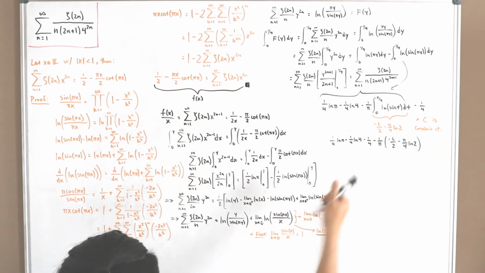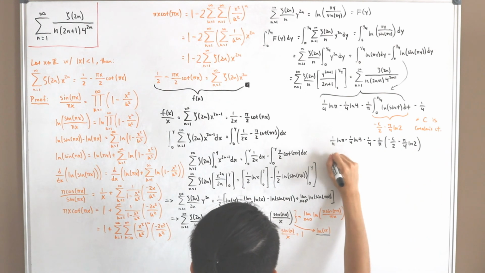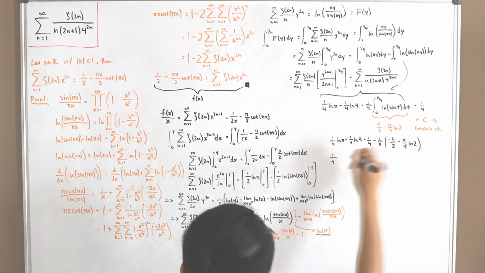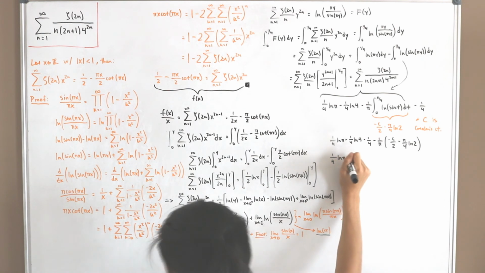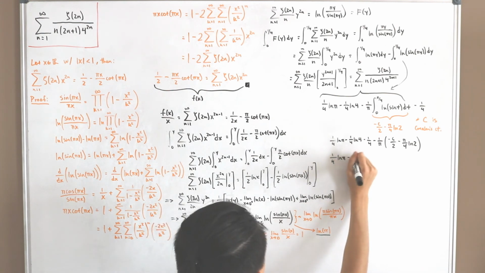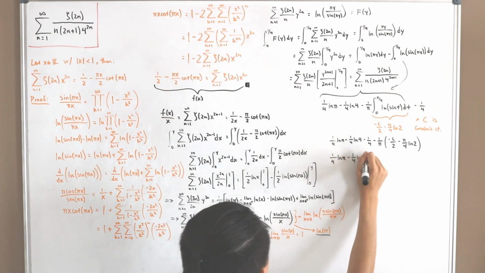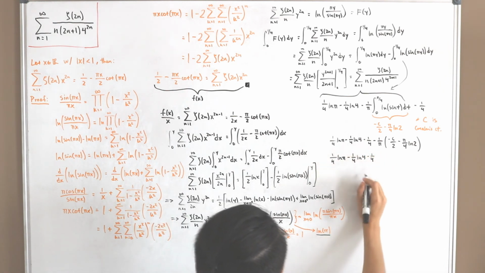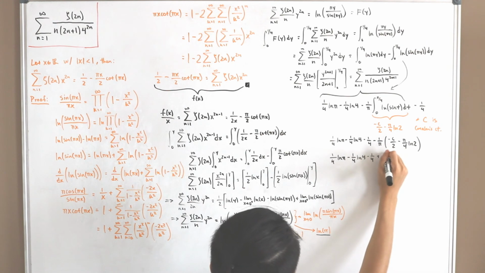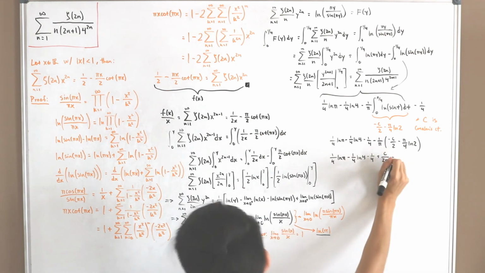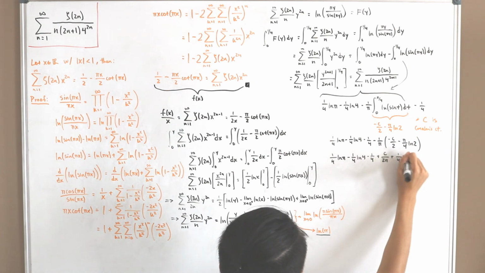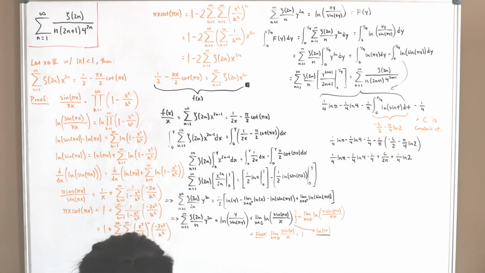Okay, and then we can actually just substitute some stuff. What I mean is not really substitute, but distribute. So 1/4 ln of pi, then minus 1 over 4 ln of 4 minus 1 over 4, and then of course we have plus c divided by 2 pi, and then plus 1 over 4 ln of 2.